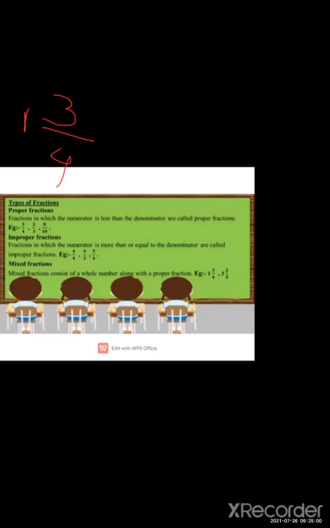It consists of a whole number also: 1 is a whole number, and 3 upon 4 is a proper fraction, because the numerator is less than the denominator. So it will become a mixed fraction.